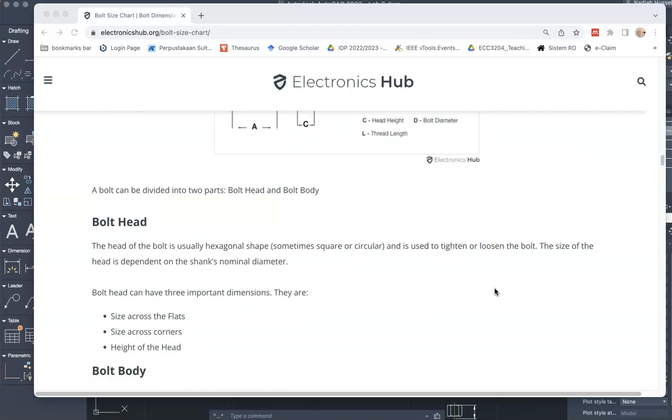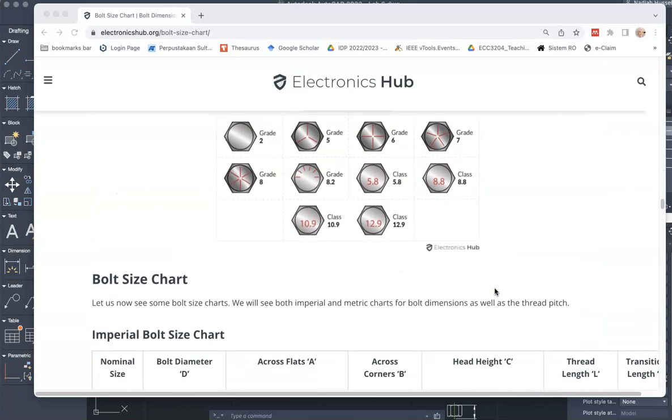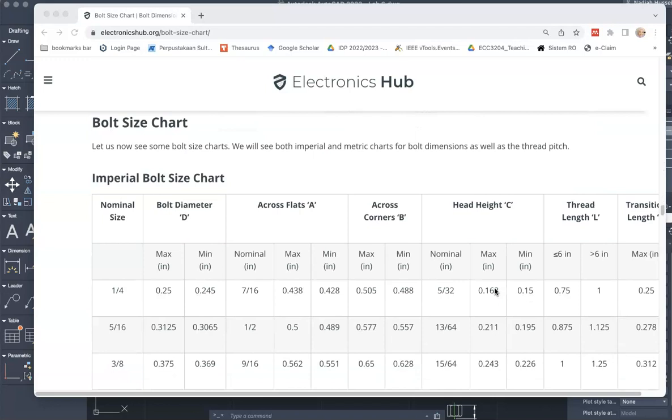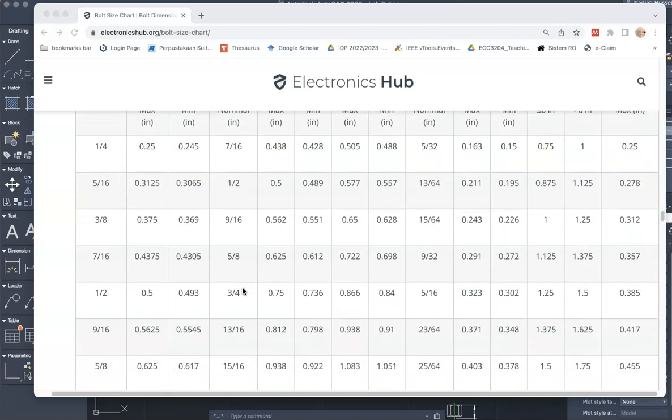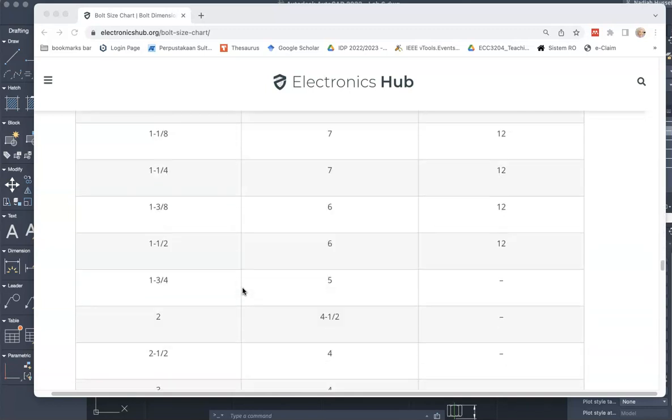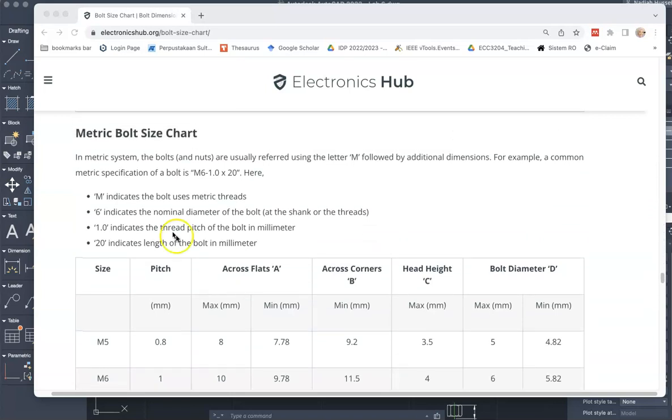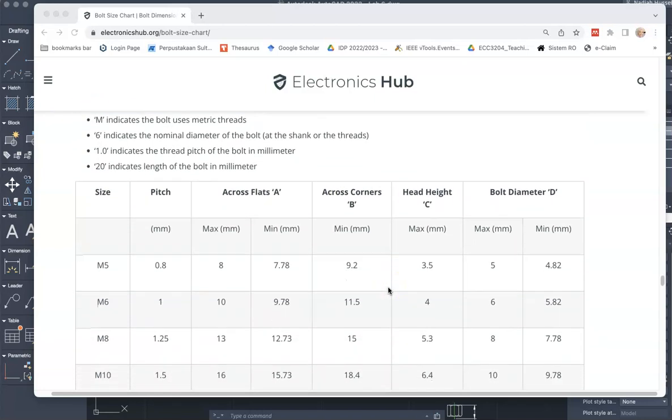Okay? So now, how do I know what the measurements are? Here they give us this table, imperial bolt size chart, which is in inches. We are interested in millimeters, so let's scroll down if we can find anything in millimeters. This is called the metric bolt size chart. We are interested to use dimensions in metric, so this is the table that we are going to use.